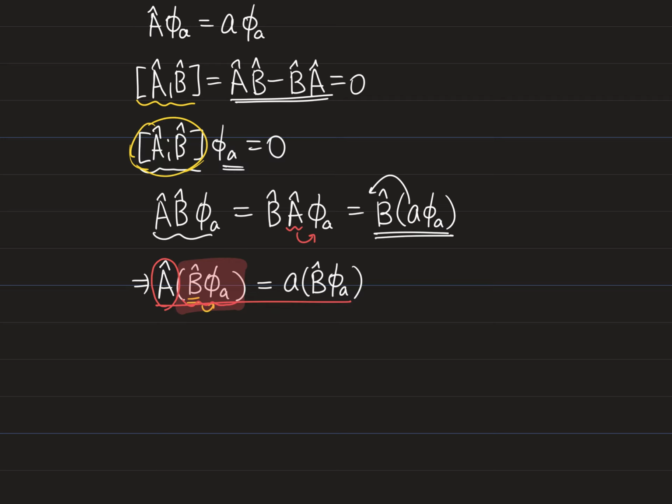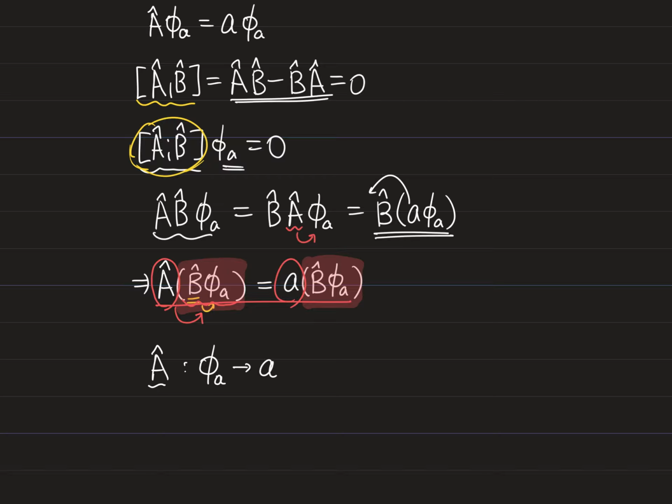Let's just say we apply the operator A on some function, the red box here, and what we obtain is a multiplied by the same function. Okay? So that means this operator has the eigenfunction PA with the eigenvalue a, right?